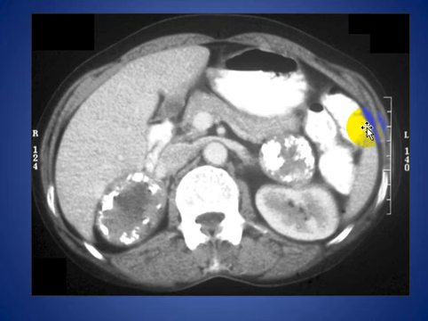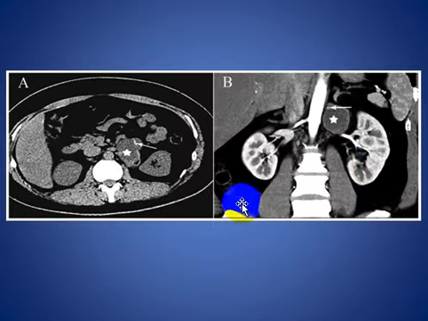Here is another patient with bilateral adrenal masses with calcification proved to be adrenal leiomyomas. Here is another patient with a left adrenal mass with calcification, and this proved to be a primary adrenal teratoma.